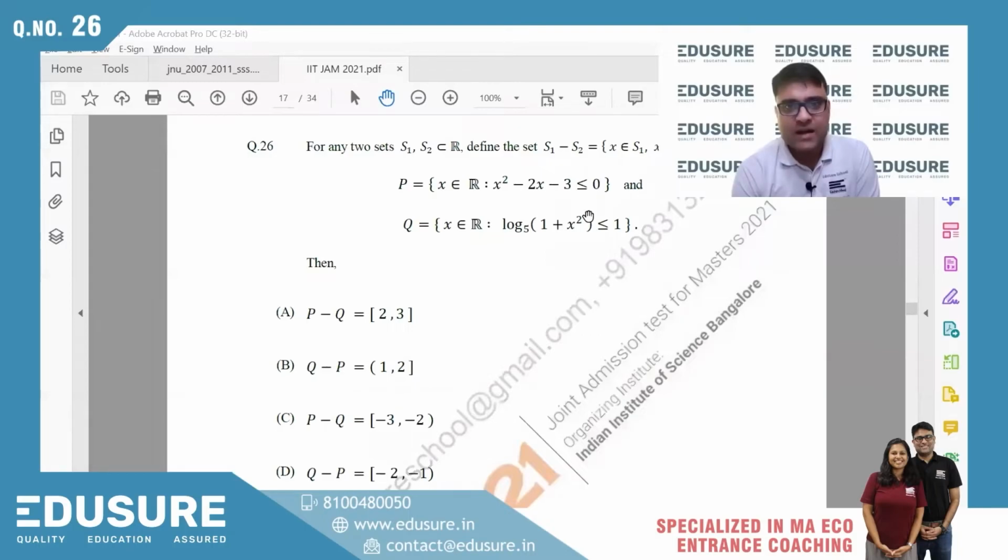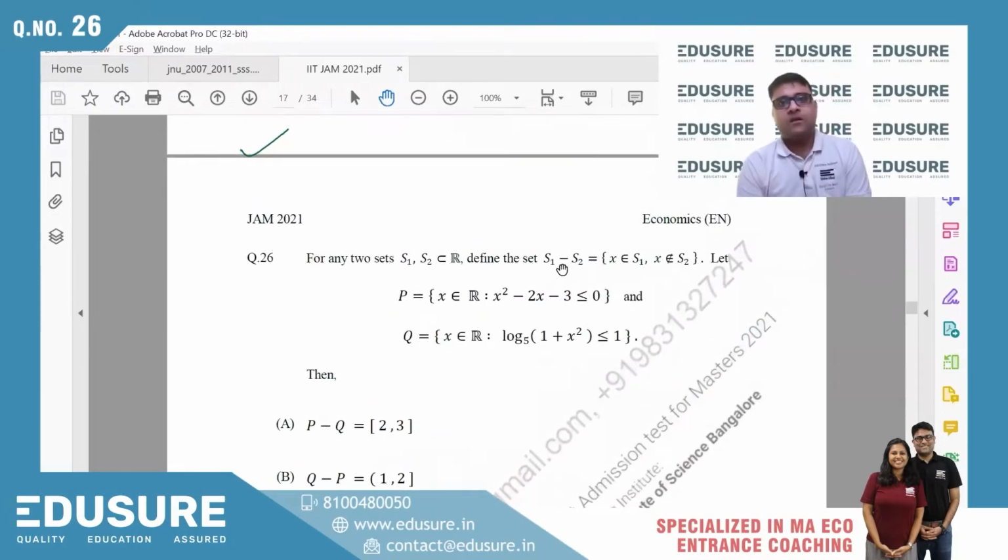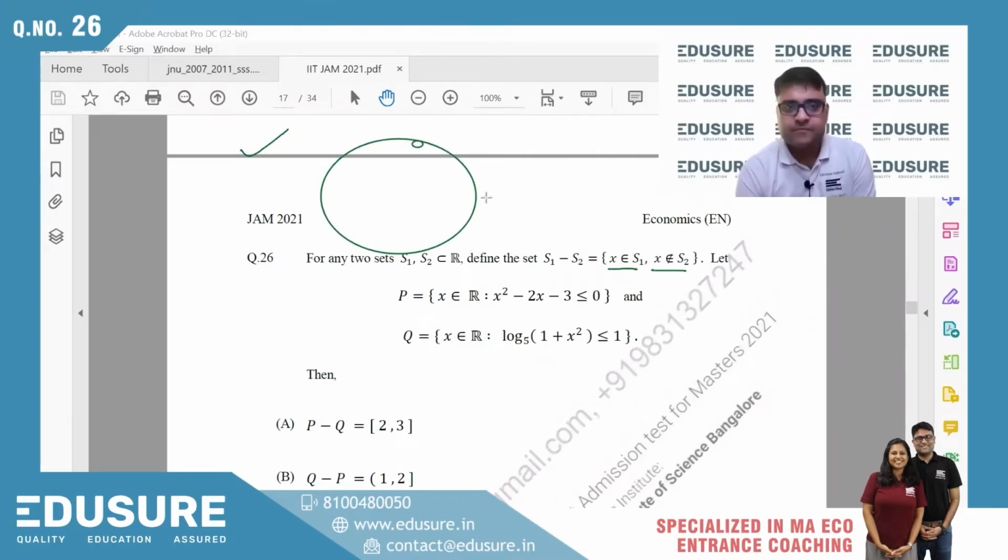Okay, this is IIT JAM 2021 question number 26. So S1 minus S2 is basically all the elements that are in S1 and not in S2. Okay, so basically if I want to show it by the Venn diagram कि इसका क्या मतलब है, ये supposing S1 है, ये S2 है.